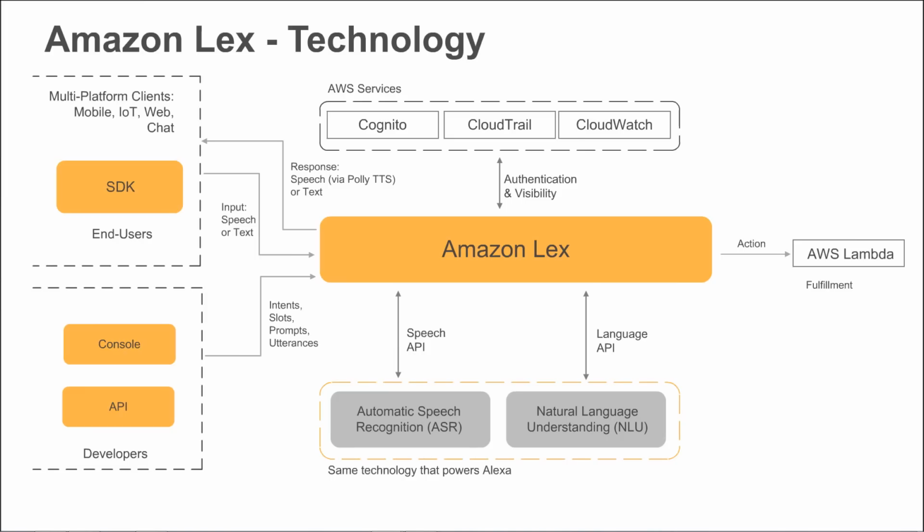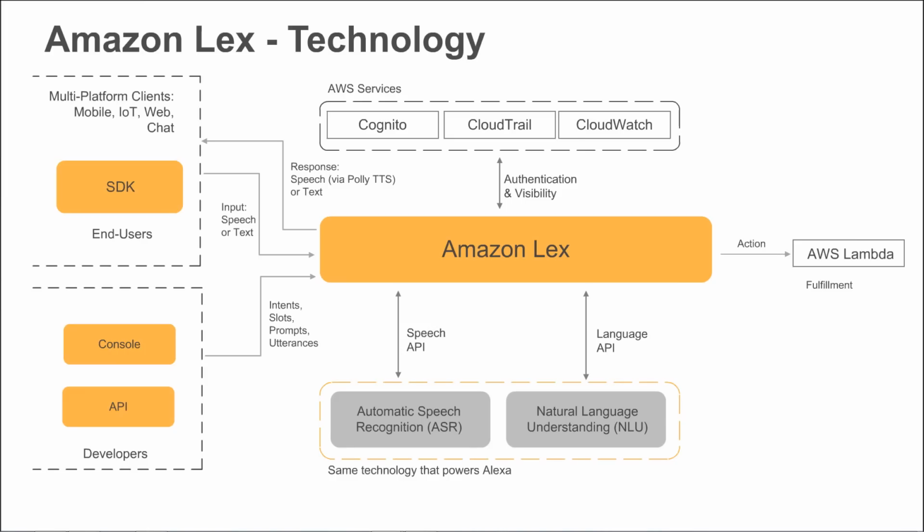And then we have runtime APIs. You can provide either speech input or text input, receive back either text or speech, and then communicate with your bots from your clients. We provide deep integration with services like Cognito, CloudTrail, and CloudWatch for authentication as well as logging that provides more visibility into how your bot is performing.